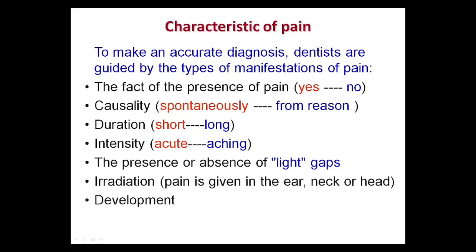Causality, it may be without reasons. It is called spontaneous pain, or causative, when pain appears from some reason. Duration, it may be short term or long term, short pain or long pain. Next characteristic is intensity. It may be acute or aching. Acute pain is very strong, aching not so strong.